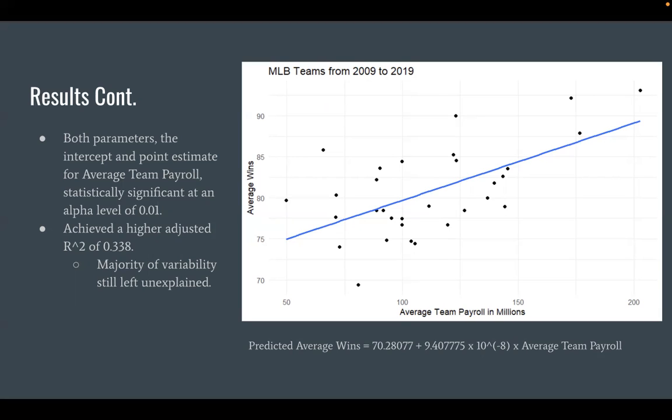Similar to the previous graph, both parameters, the intercept and point estimate for average team payroll, are statistically significant with an alpha level of 0.01, and it achieved a higher adjusted R squared value of 0.338, which means that the majority of variability is still left unexplained. So similar results to the previous graph.